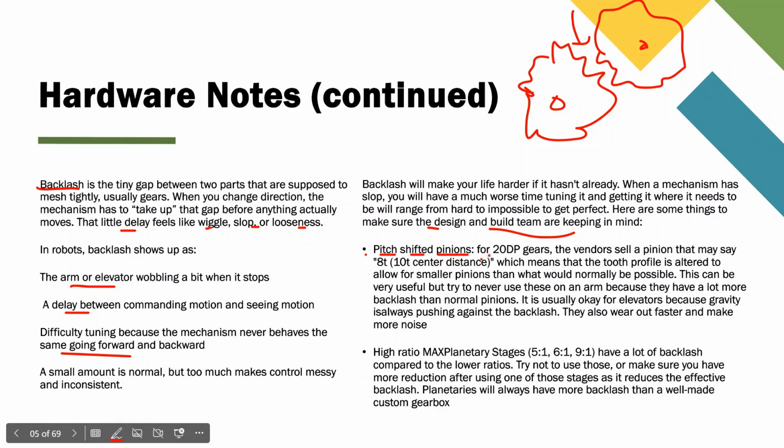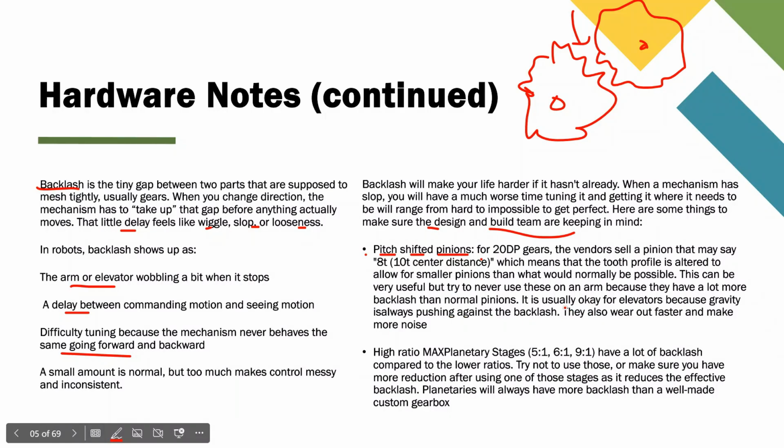For 20 DP gears, there are some vendors that sell pinions that may say 8T or 10T center distance, which means the tooth profile is altered to allow for smaller pinions than what is usually possible. This can be useful, but never try to use these on an arm because they have a lot more backlash compared to normal pinions. It's okay for an elevator because there's gravity always pushing back against this backlash.